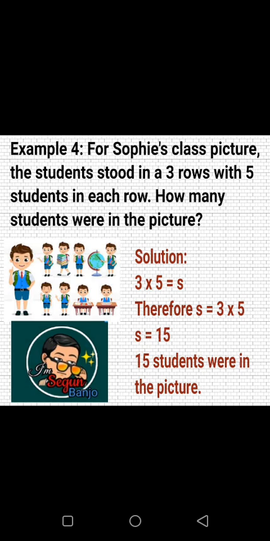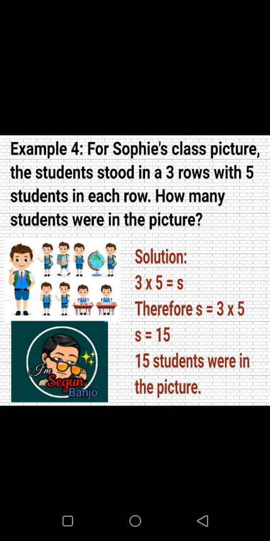How many students were in the picture? The picture there, I'm not actually giving you the exact number. It's just to beautify the page. Okay, but there are pictures of students.